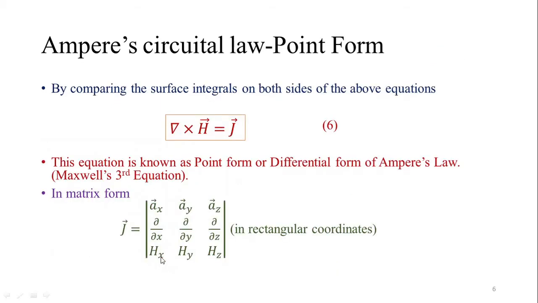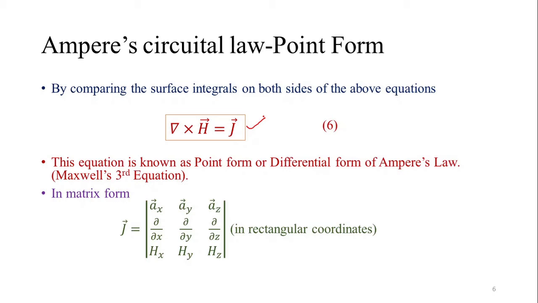So the remaining terms must be equal. So del cross H must be equal to J. This is known as the point form or differential form of Ampere's law, and this one is most popularly known as Maxwell's third equation for static fields.